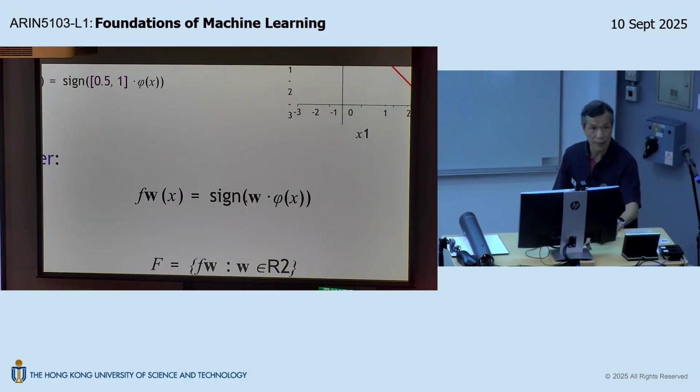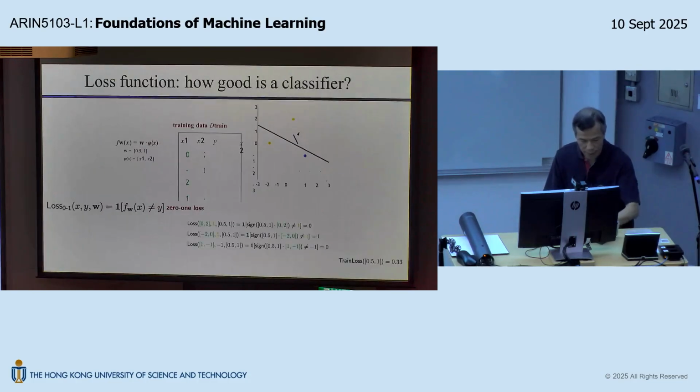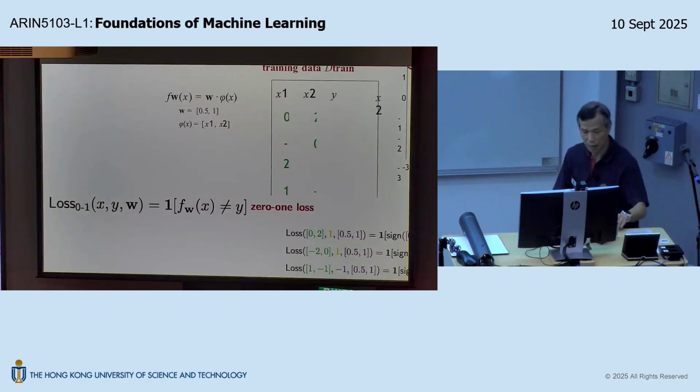So W is the model parameter. For a particular model, we measure the loss on a particular XY sample by using this 0-1 loss. Basically, we are trying to see if the model makes any mistake on this particular sample.